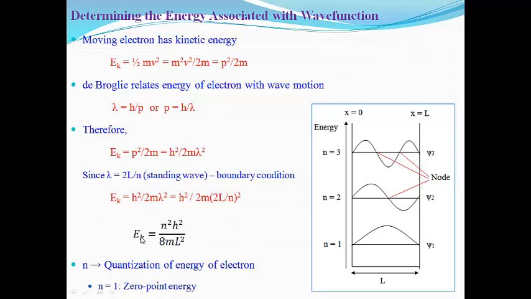Again, I'm just showing you the relationship that shows how energy is linked to the momentum of the electron and linked to the wave property of the electron. We were able to actually determine the energy of the electron based on the fact that it's a particle moving like a wave, having a particular momentum, having a particular wave form.